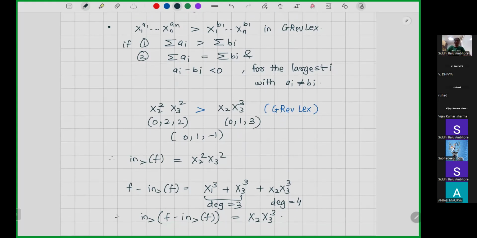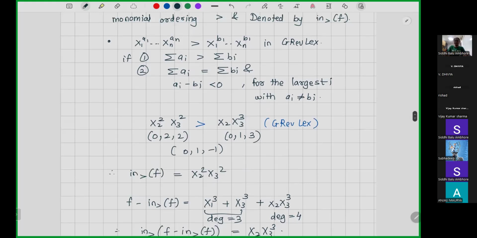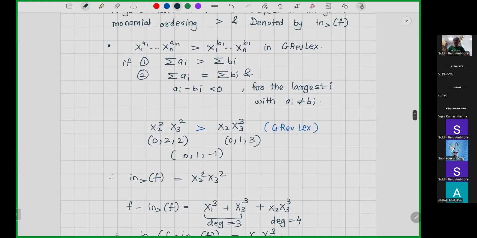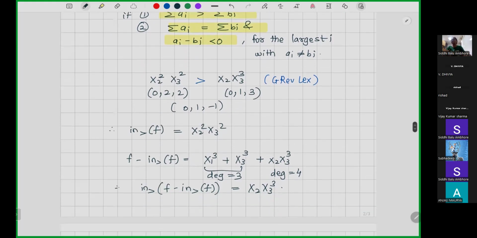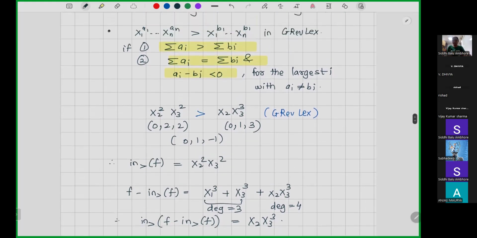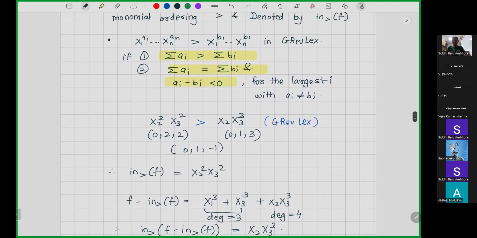Please explain. The definition is this. When we have the summation, the largest possible index where ai minus bi is negative. Can you make some comments on what ai minus bi less than 0 means?